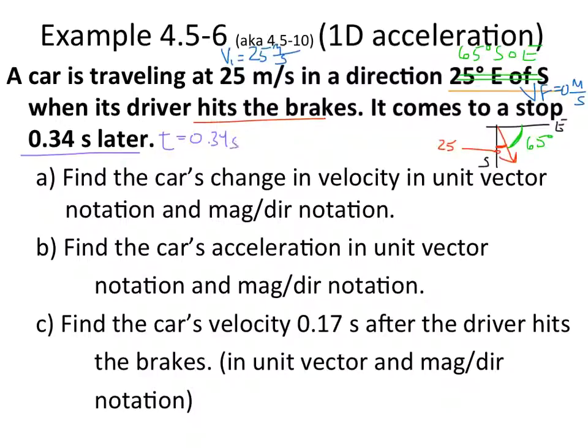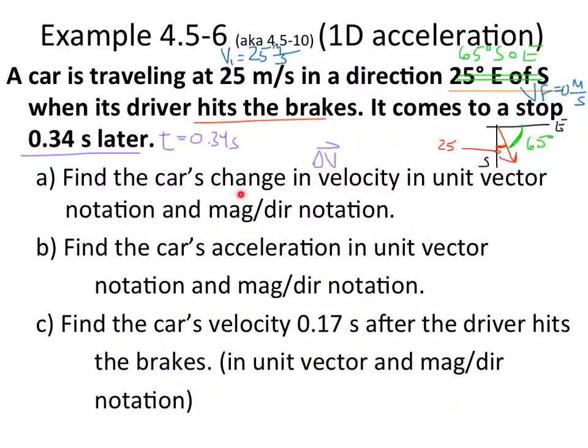All right, so we want to find the car's change in velocity, delta V, in two different notations. We want to find it in unit vector notation and in magnitude direction notation, okay? In fact, I'm going to do magnitude direction notation probably first, all right, and then we'll solve for it in unit vector notation. We want to find the car's change in velocity.